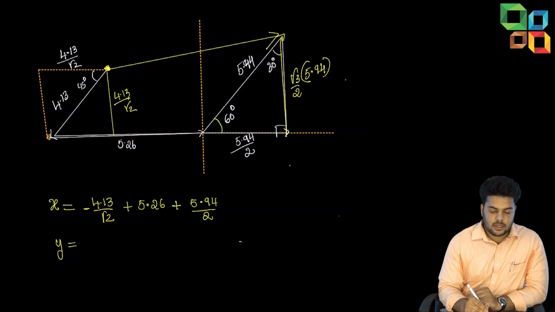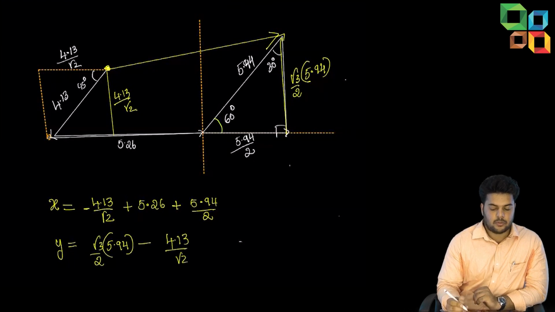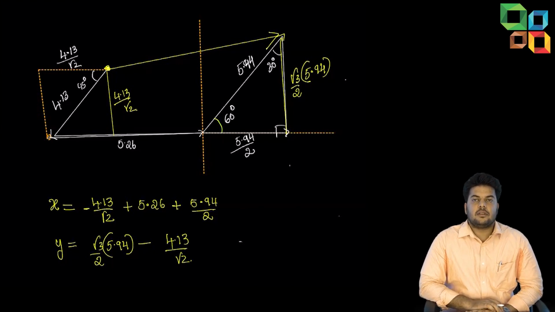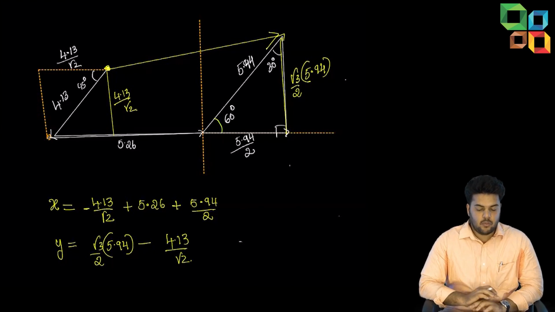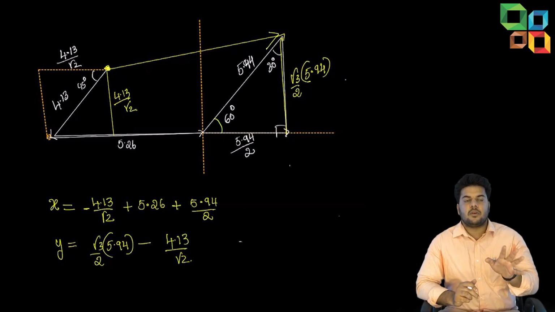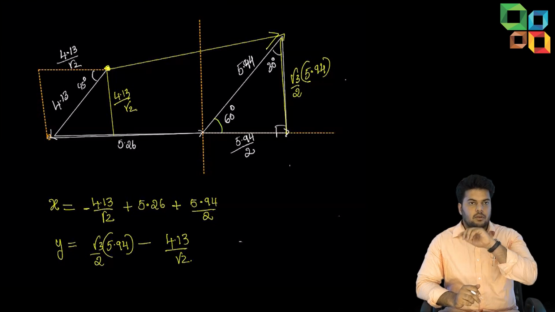So the total y coordinate is root 3 by 2 into 5.94 minus 4.13 divided by root 2. Whatever these numbers are, we are not even going to attempt to calculate them. As long as you understand what just happened there, we are good to go.